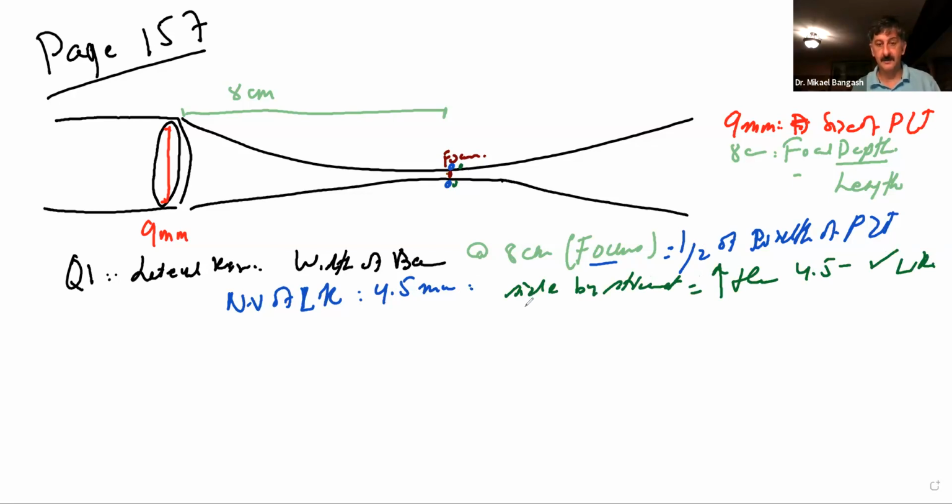Whereas if the distance between these side-by-side structures is less than 4.5 millimeters, that will lead to a bad lateral resolution at this distance, or of those two structures. Did you girls get that?